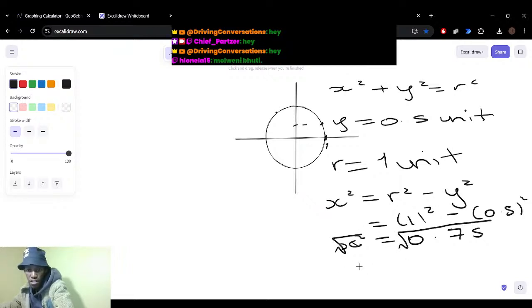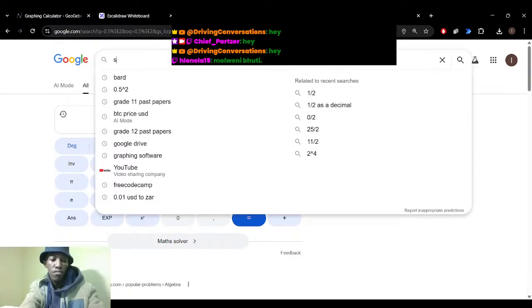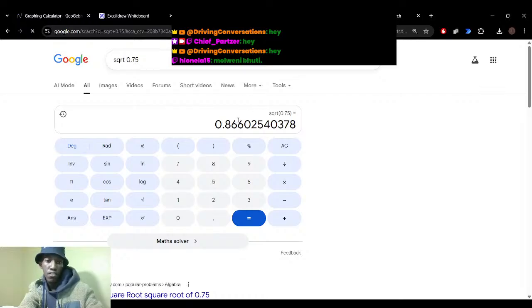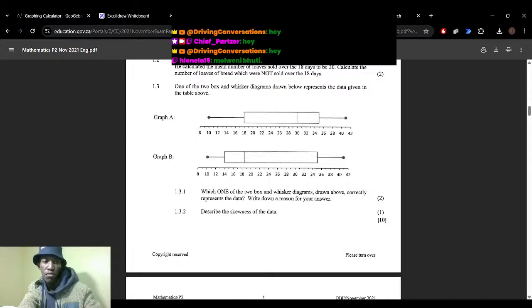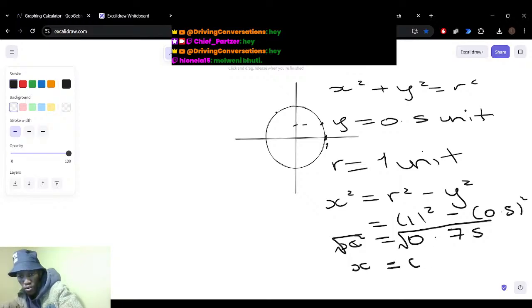So x is the square root of 0.75, which is 0.87 rounded off to the nearest hundredth. So 0.87, right?